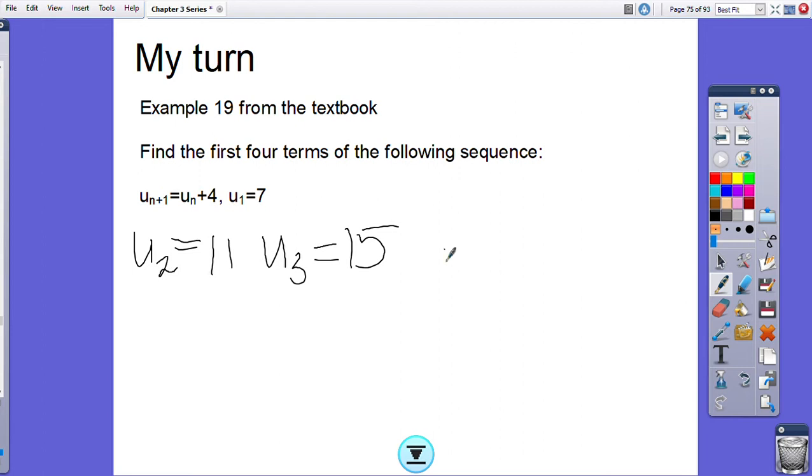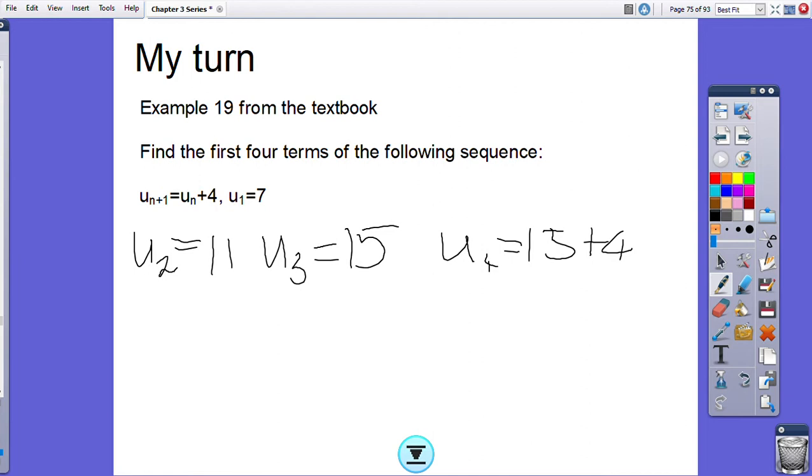Now we want u4, which is going to be 15 plus 4. So it's all about whatever you get out, you shove it back into it. Get something out, plonk it back in, and just cycle round and cycle round for however many iterations.